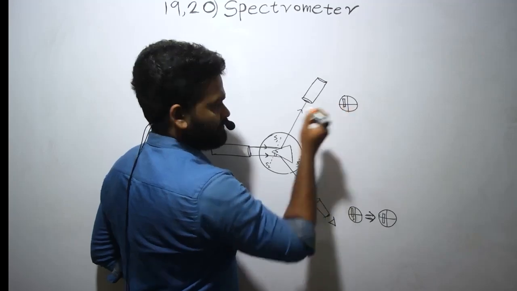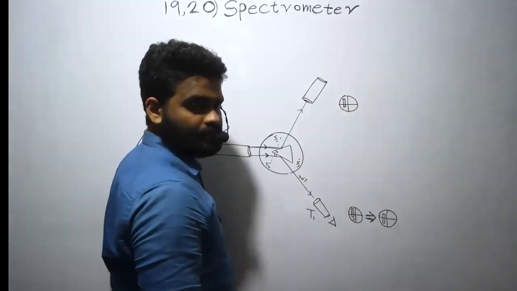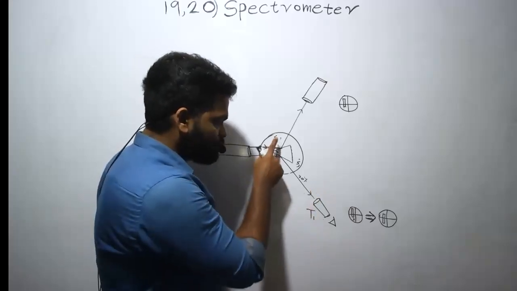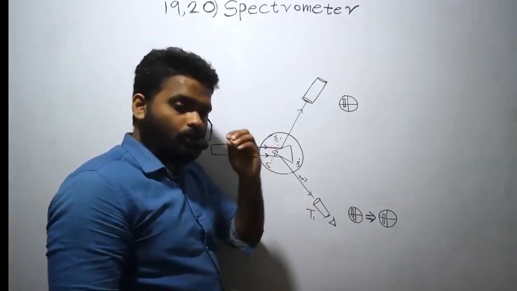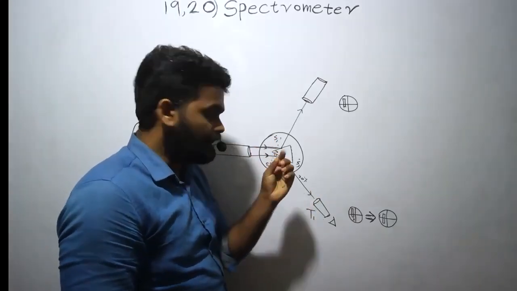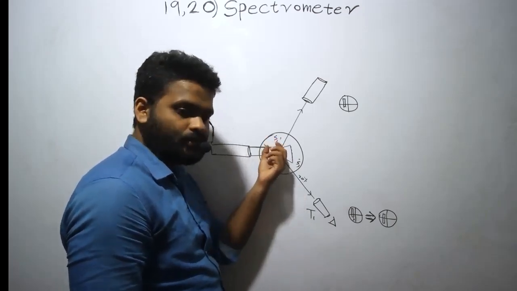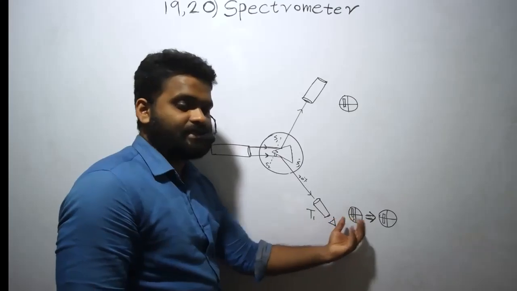Still it is not symmetrical, right? Then you don't touch S1 or S2. You have already adjusted S1 and S2, right? If you rotate S1 and S2, this orientation changes.